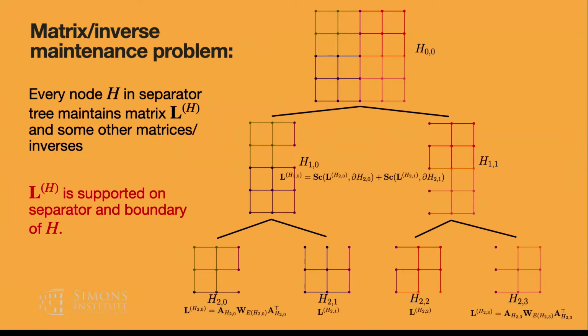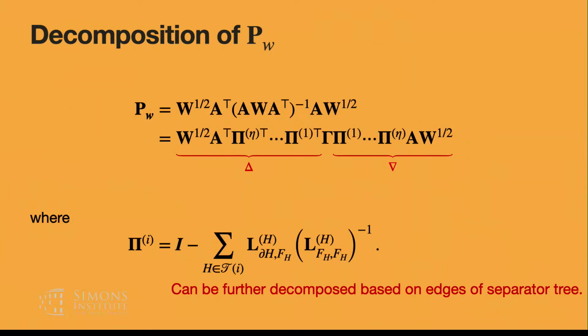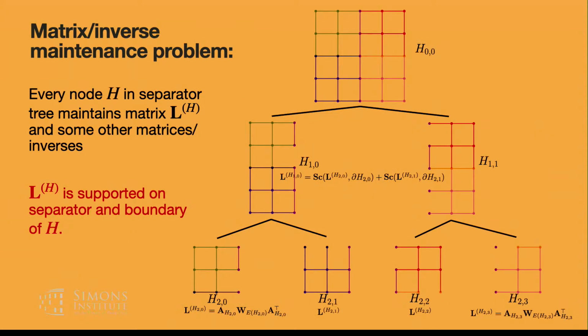I didn't define these matrices L superscript H, but they are defined here. They're defined recursively using recursive properties of Schur complements, so that we start off with definitions for the base cases at the bottom, and then the L matrix at a node H is just a function of the L matrices at its two children nodes.